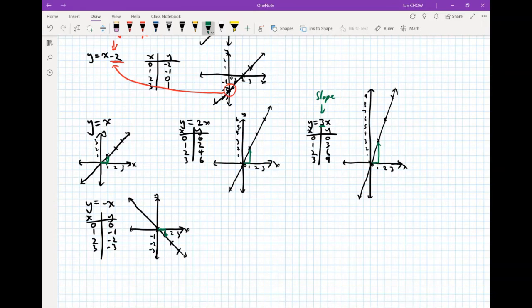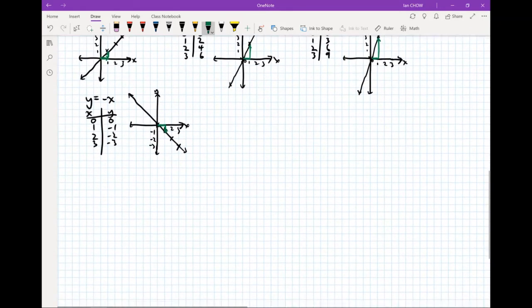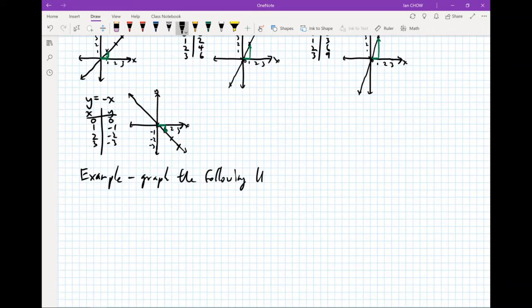So how would I be able to quickly graph a line without drawing our tables, especially if we have 2x plus 3 or maybe 3x minus 1? Let's look at some final examples. We want to graph the following linear functions.